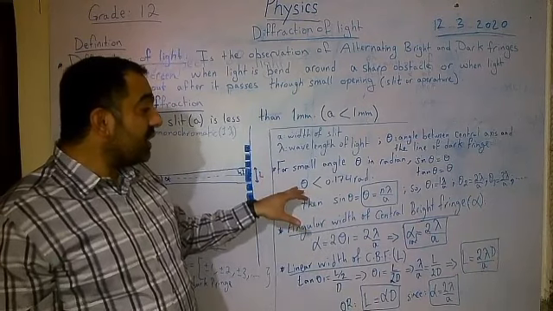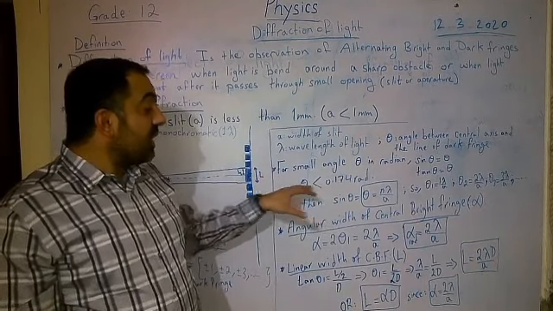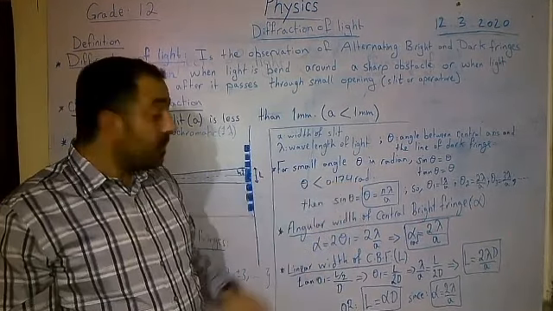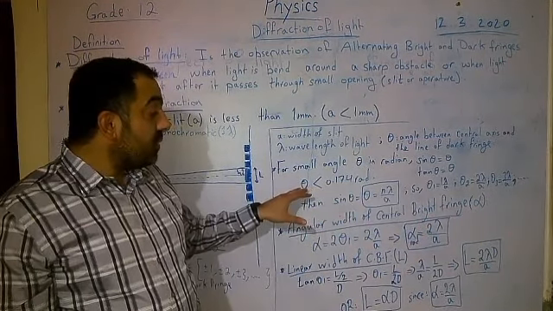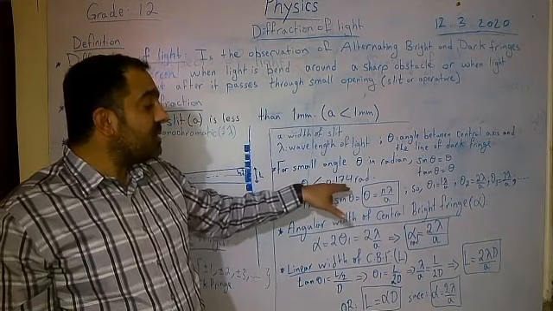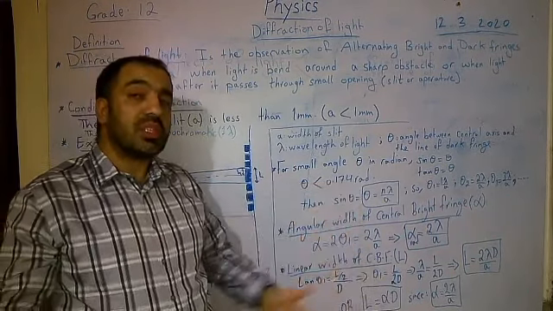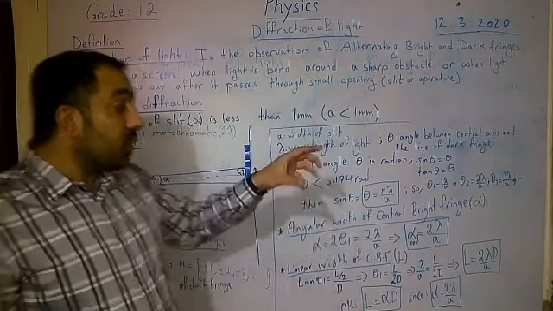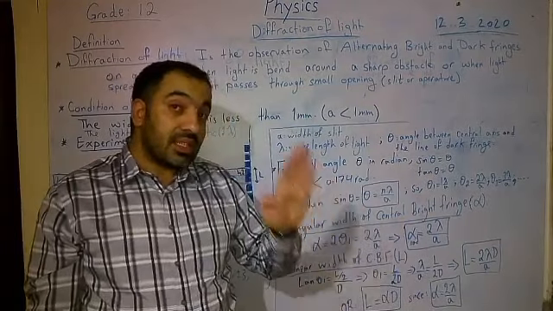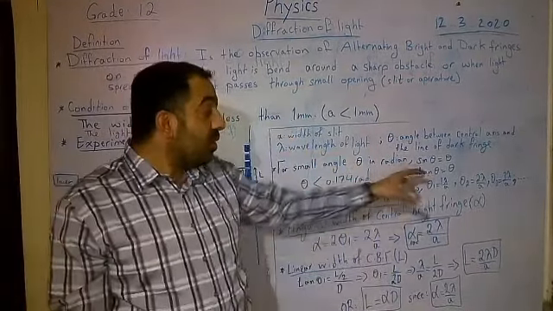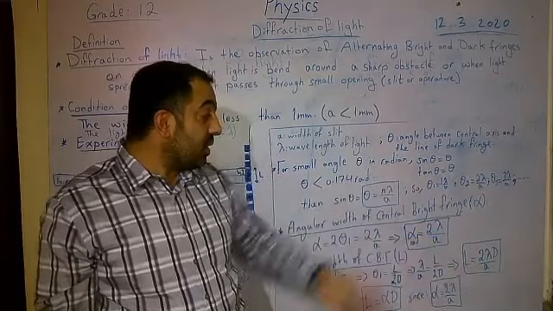A small angle is when theta is less than 0.174 radian, maybe 0.116, 0.115. So sine theta is equal to theta. Also tangent theta equals theta.